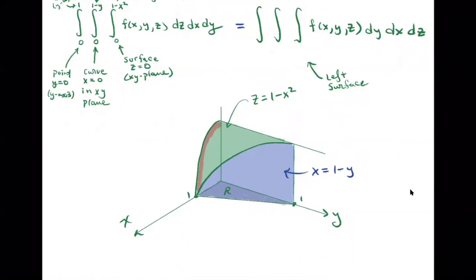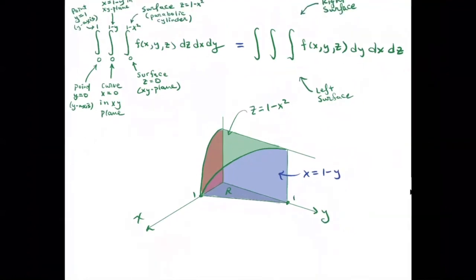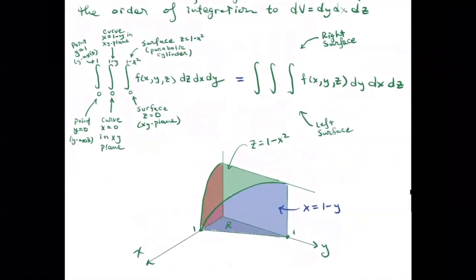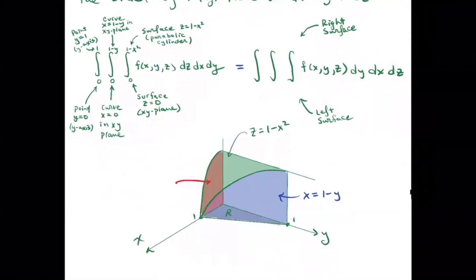On the left, in red, what is this? This is the part where you guys have to help me out. What's that red thing on the left? It has to be y equals something because this is a limit for y. Anybody? y equals what on the left?